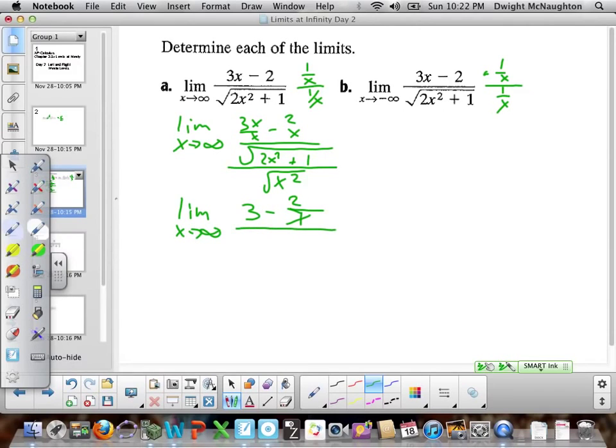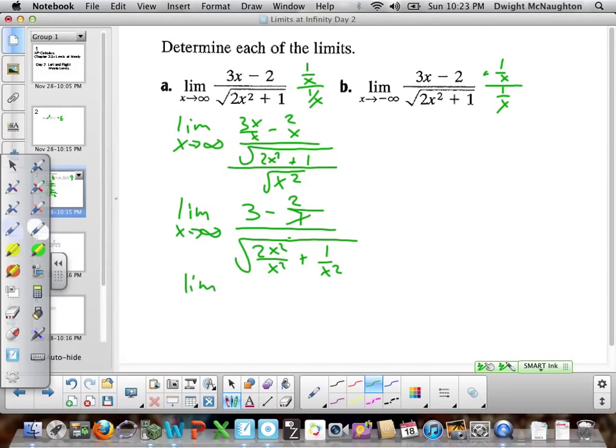And when I do the bottom now, I can have the square root of 2x squared, and I can put that x squared under the whole thing: 2x squared over x squared. Now that can cancel. Plus 1 over x squared.